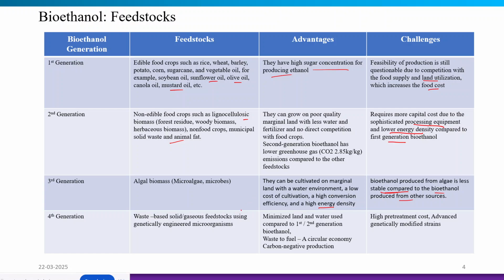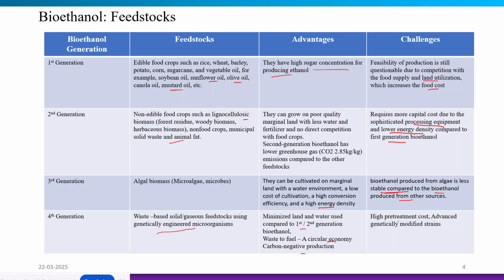The last one is the fourth generation, where we are dealing with waste based gaseous or solid feedstock using genetically engineered microorganisms. So very advanced biotechnology is used. Here we are minimizing land and water use compared to the first and second generation bioethanol production. Also we are maintaining the circular economy, and we are producing carbon negative fuel.